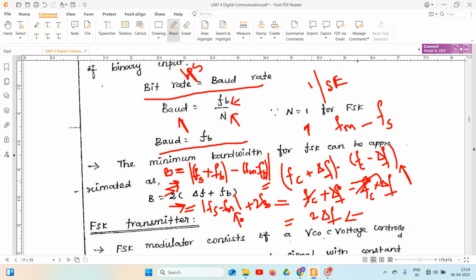Fm means Fc plus delta F, and Fs means Fc minus delta F. Mark frequency is Fc plus delta F, space frequency is Fc minus delta F. If we reduce this equation, we will get 2 delta F plus 2Fb. 2 is a common factor, so I have taken it outside: delta F plus Fb. This is my bandwidth. So B is equal to 2 times delta F plus Fb.